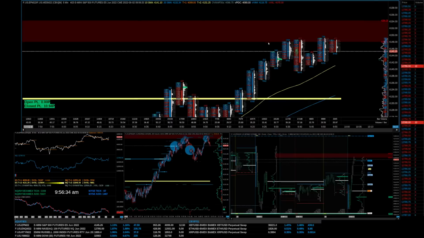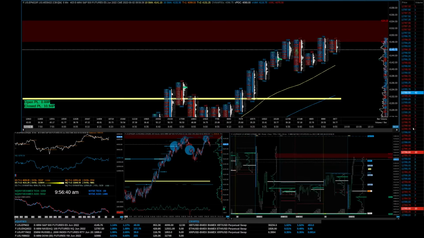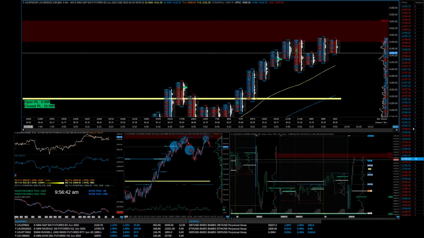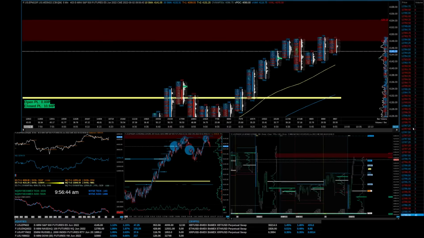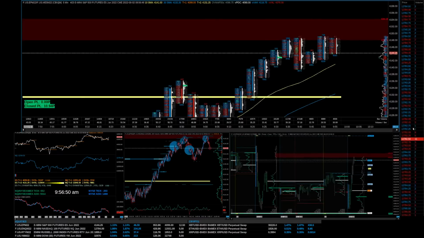All right. So what you have in front of you: you've got a footprint on top, the time and sales on the right side, which is aggregated by same price and type.